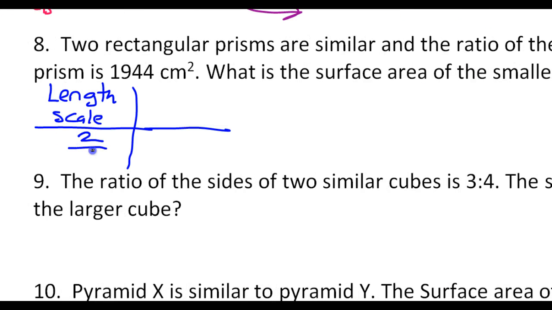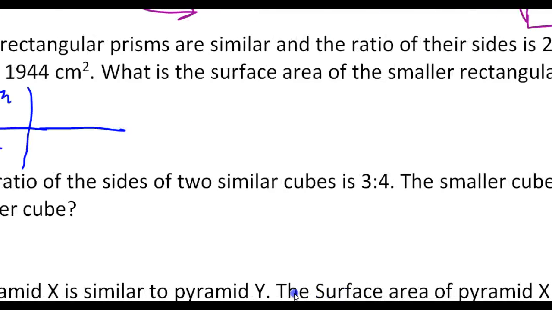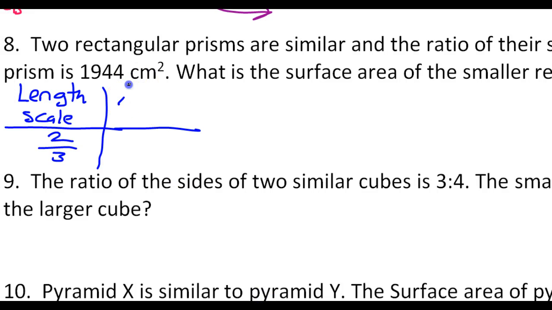But then they start asking about the surface area. Now we're talking about surface area. So the area scale factor, of course, we square this to find it, is going to be 4 to 9. It's this area scale factor that we will use to find other information.